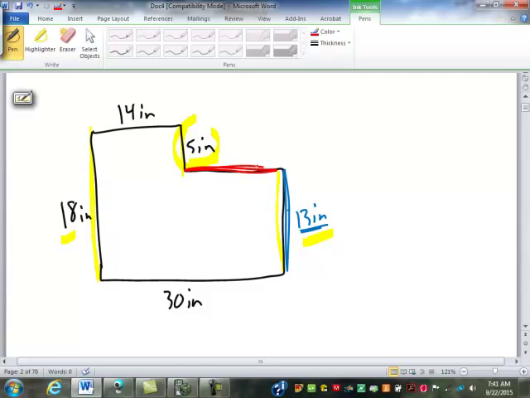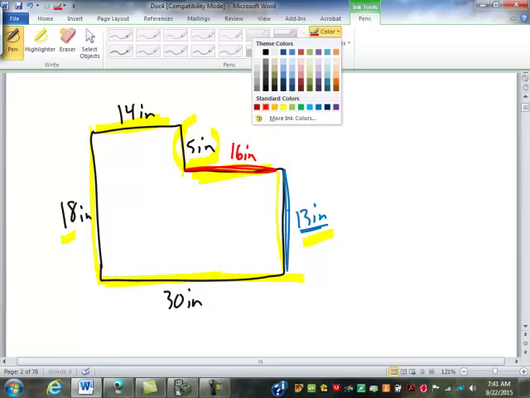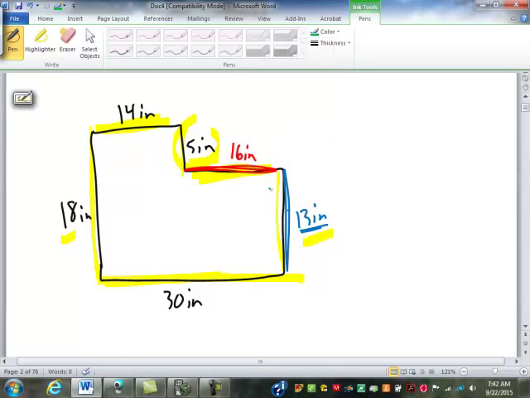How about this one? 16, yeah, because you got 30 here. These two have to add up to 30, so you got 14. This has to be 16. Now, to find the area, what's that?